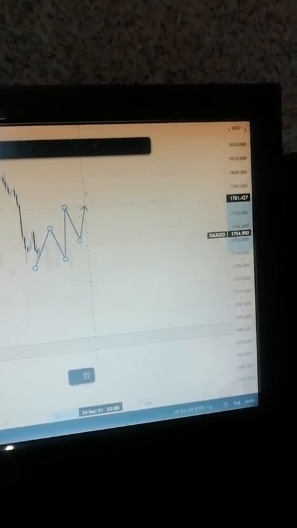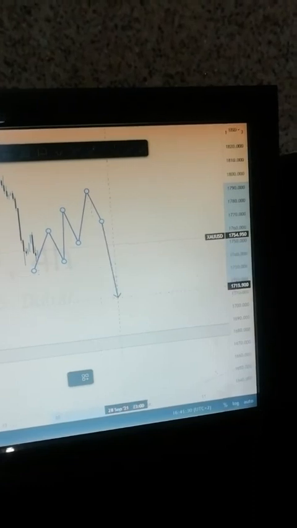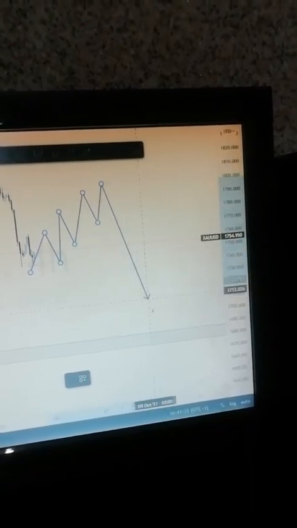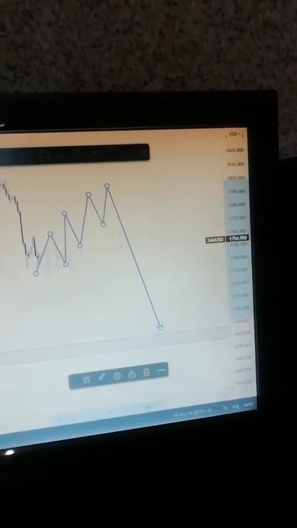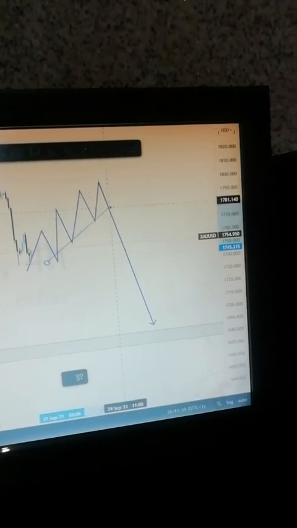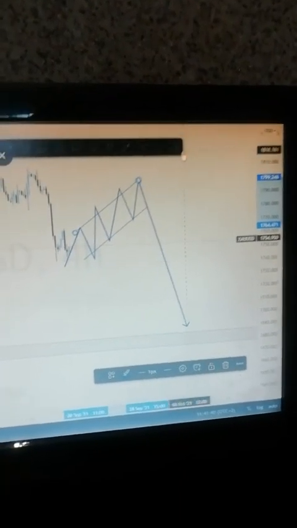Or we could see price making higher highs and higher lows before eventually dropping to the downside, giving us a bullish flag. That is what we could potentially expect.